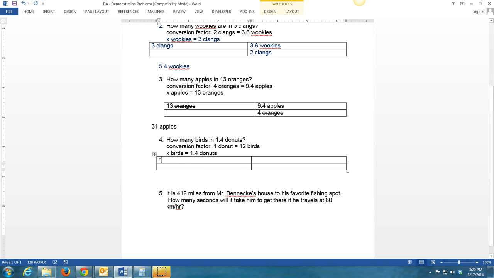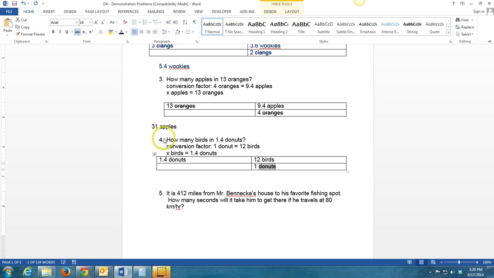I know that I have 1.4 donuts. I know that 1 donut is equal to 12 birds. Okay, so my units of donuts are what are going to cancel here.